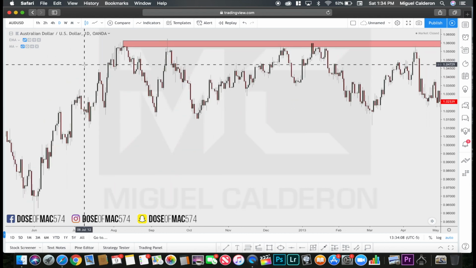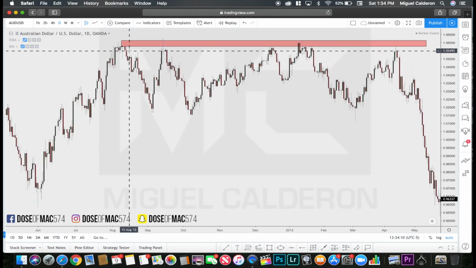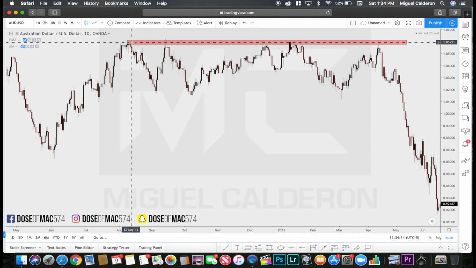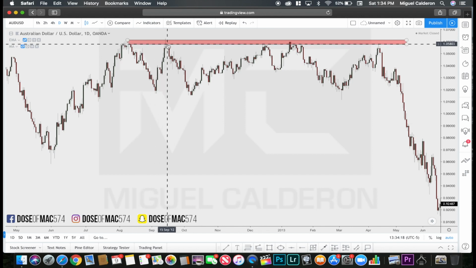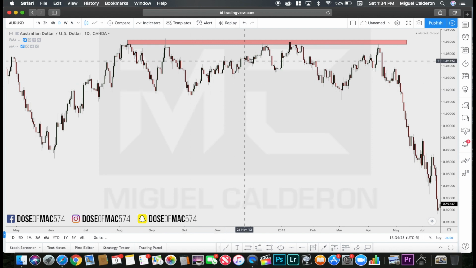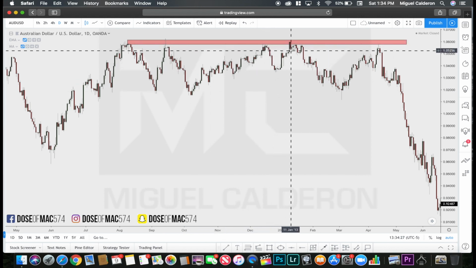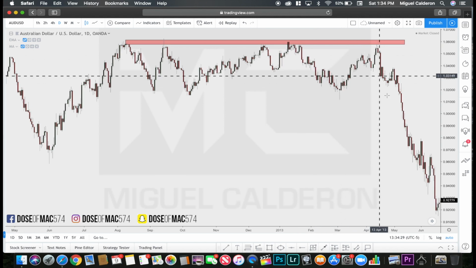Now, as you can see, this area is basically acting as a whole zone, right? If you draw it across the top, every time it hit this zone, it dropped. Every single time it made its way back up to this area, it rejected and rejected and rejected.